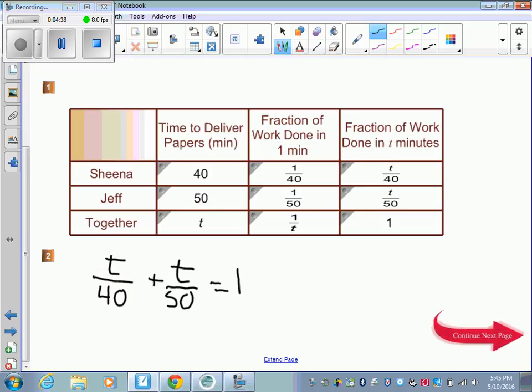So 40 fits into 200 5 times. So I'm multiplying this piece by 5, this piece by 4, and this piece is going to get multiplied by the common denominator, which is 200.